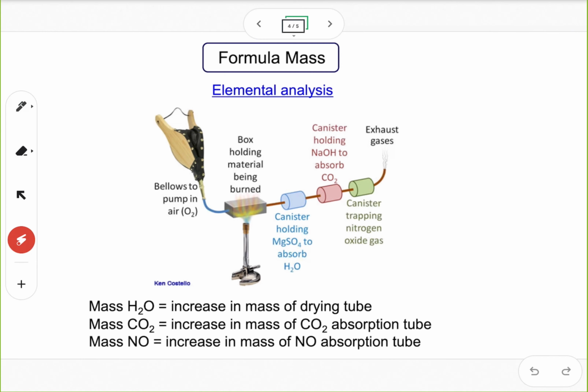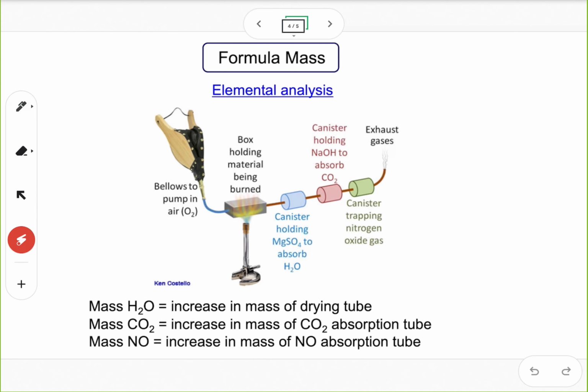If your compound has hydrogen, it will generate water, because hydrogen will bind with oxygen, and water will be absorbed by magnesium sulfate. So you can see the mass change.